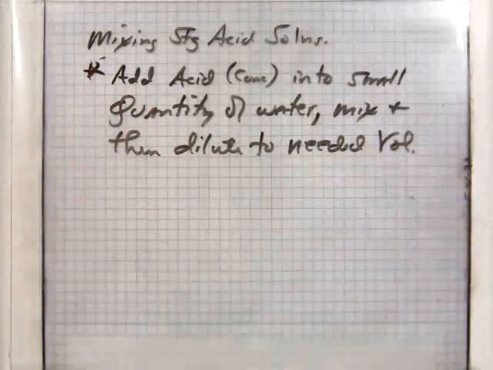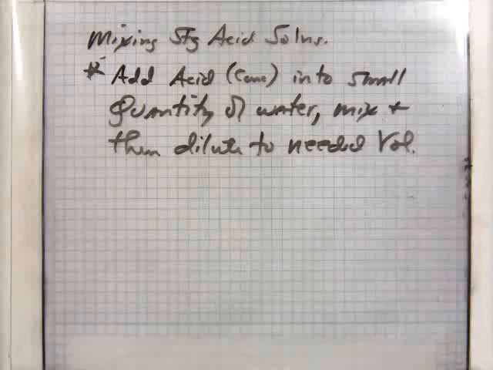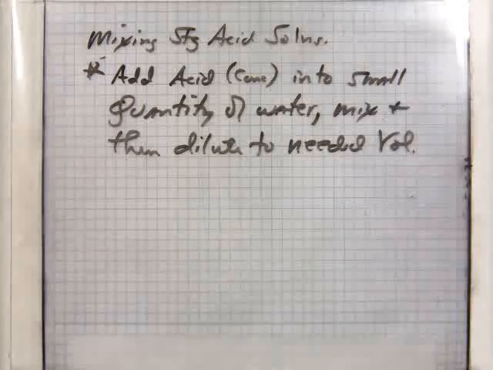That's a big caution in putting things together from strong concentrates like this, because if you try to pour water on top of a concentrated acid, it ionizes so fast, it generates so much heat that it will splash back in your face. And that can be disastrous, to say the least.